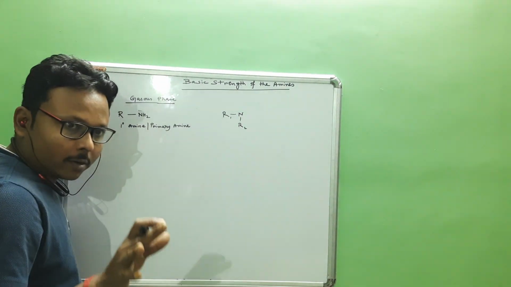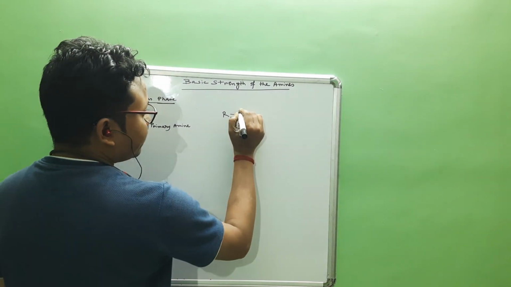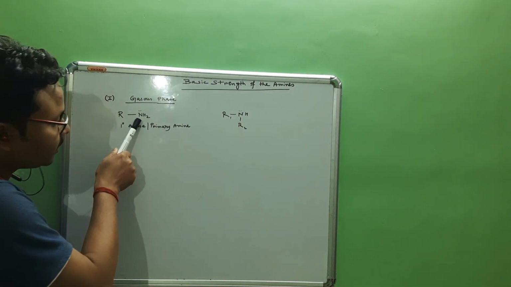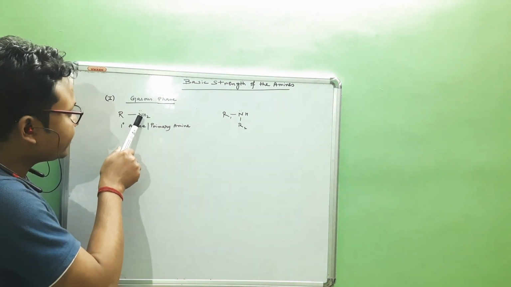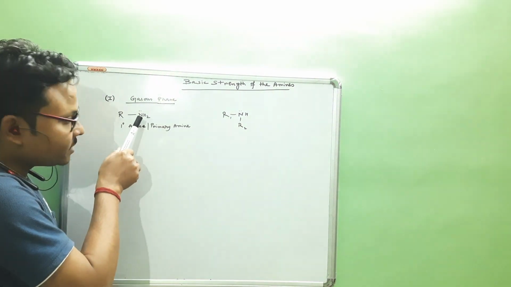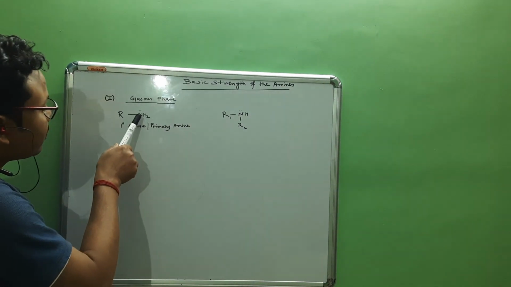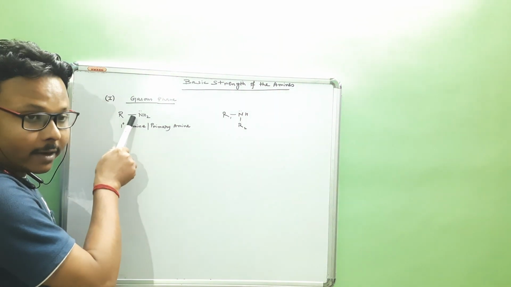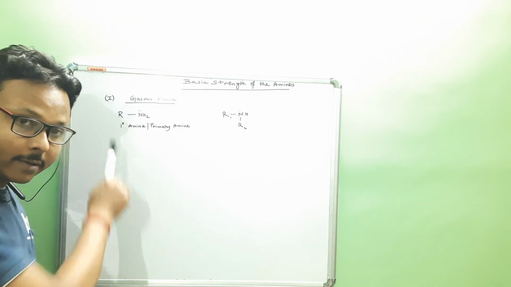It is not our topic. Because nitrogen has the valency of 3, two valencies of nitrogen are fulfilled by the two hydrogens and the rest is fulfilled by the alkyl group.